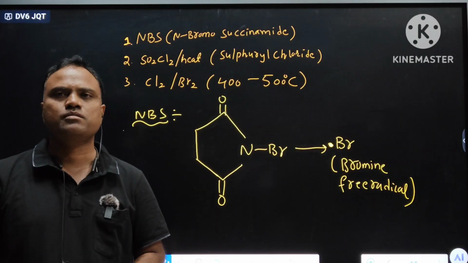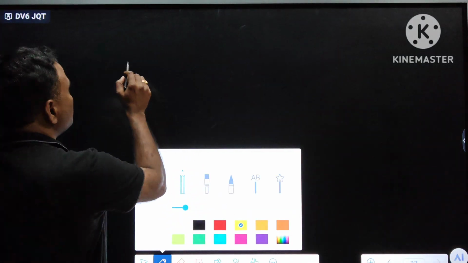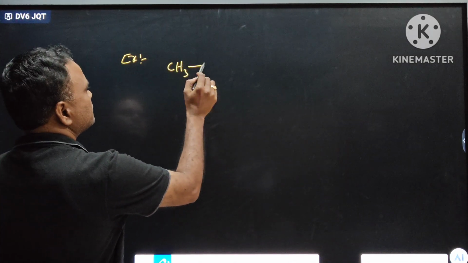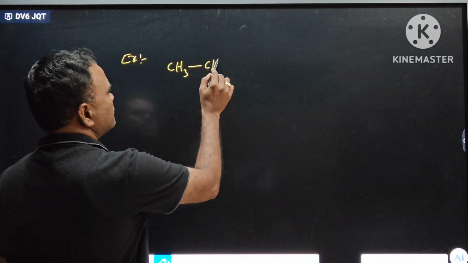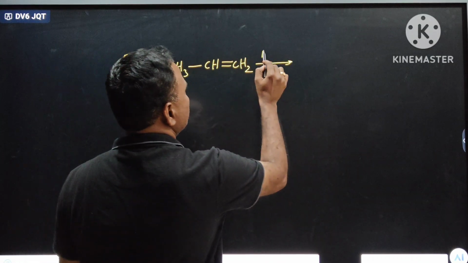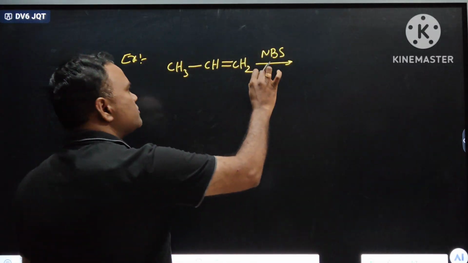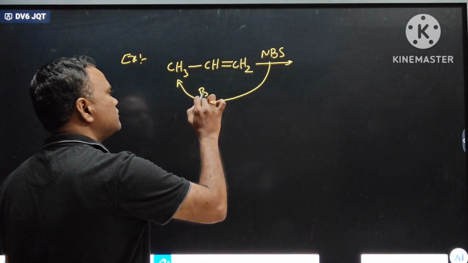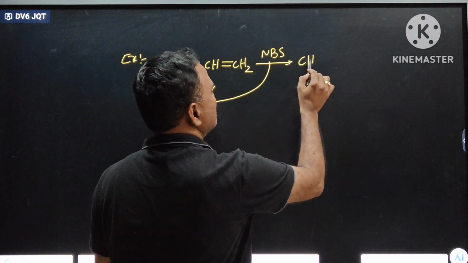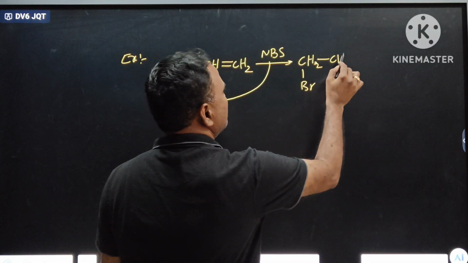Let us take the first example, very simple, very easy. Select the allylic position and attach bromine there, in the allylic position only. Okay, HBr will come out, but you need not learn about byproducts.